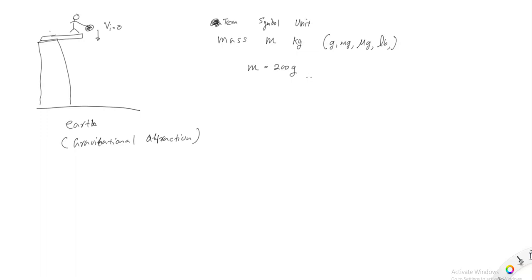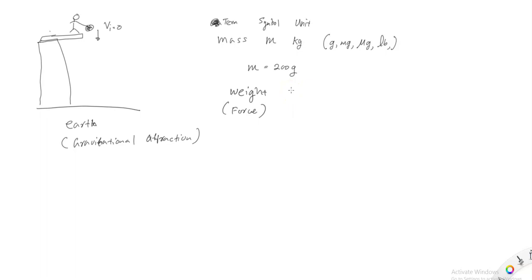We call it the weight. Weight is a force. It appears only if the object is in a gravitational field, right? Weight doesn't have any meaning if you are not close to a gravitational field.